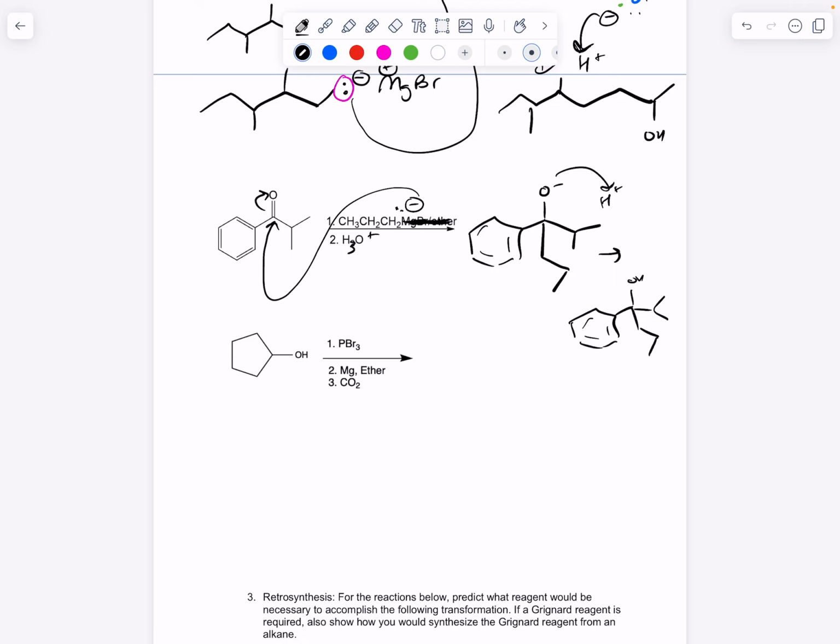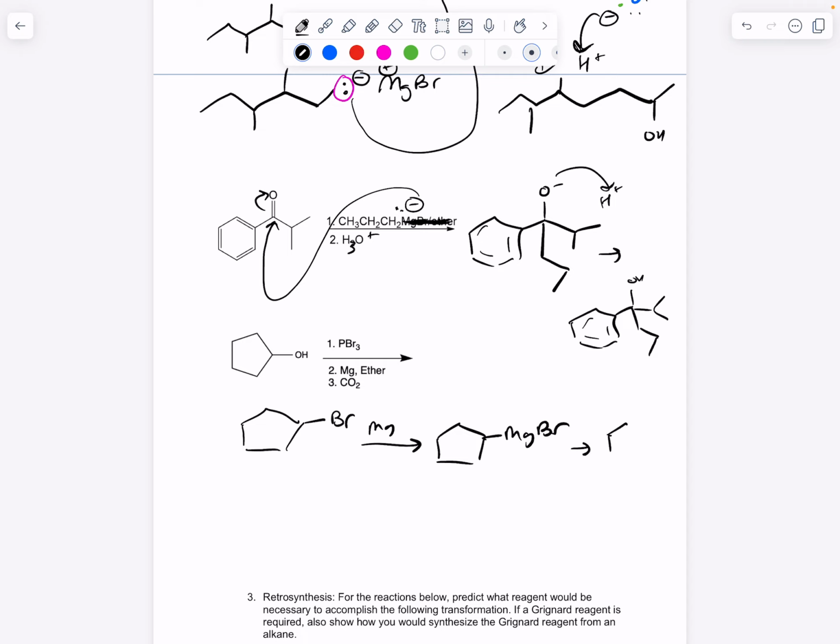So then this next one, we actually are going a step further, and we're going back to something we learned in OChem 1 in chapter 11, where we can convert an alcohol to a good leaving group with PBr3. And then we add the magnesium, so then that becomes a Grignard reagent. So we're generating a Grignard reagent from an alcohol.